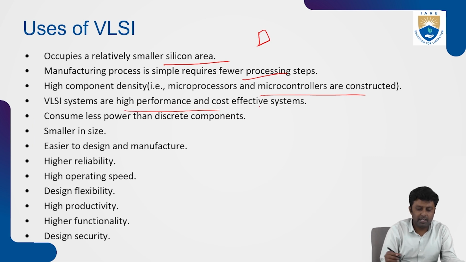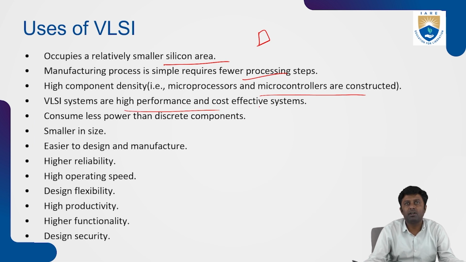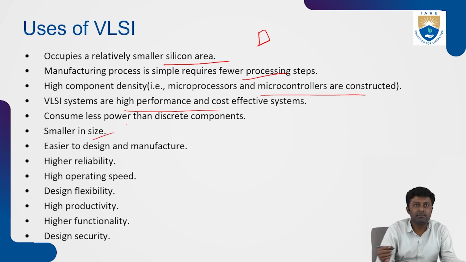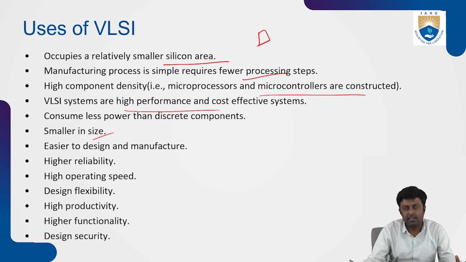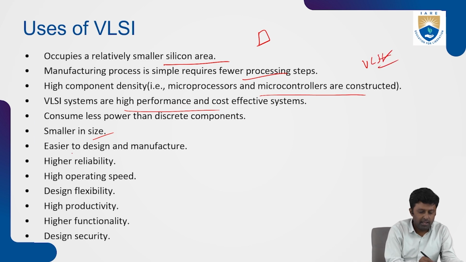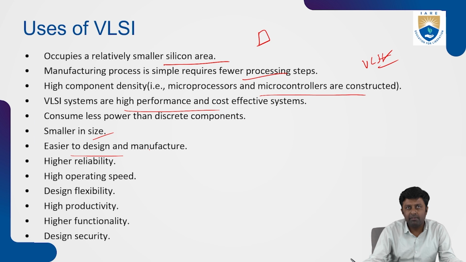Then, VLSI systems are high performance and cost effective, and VLSI systems are smaller in size. In earlier days, the sizes of the devices were very big, but because of VLSI technology, the sizes of the devices have been reduced. It is also easier to design and manufacture.